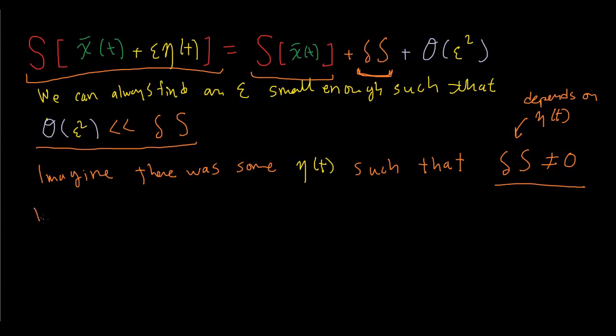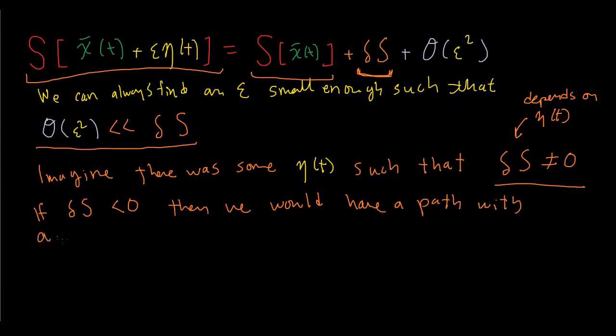So if delta of S was smaller than 0, then we would have a path with a smaller action, right?